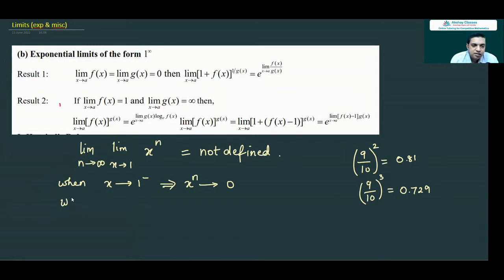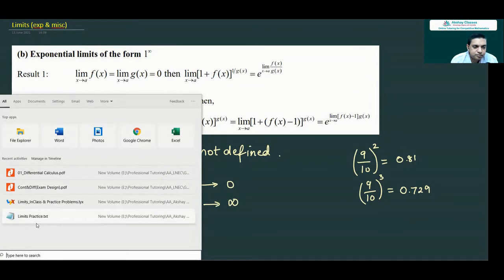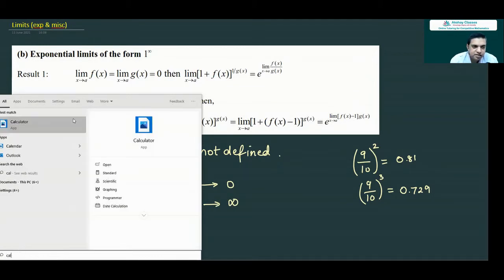However, when x tends to 1 plus, then it is a number slightly greater than 1. And you raise that to a very large power, it will go to infinity. Again, we'll check that.